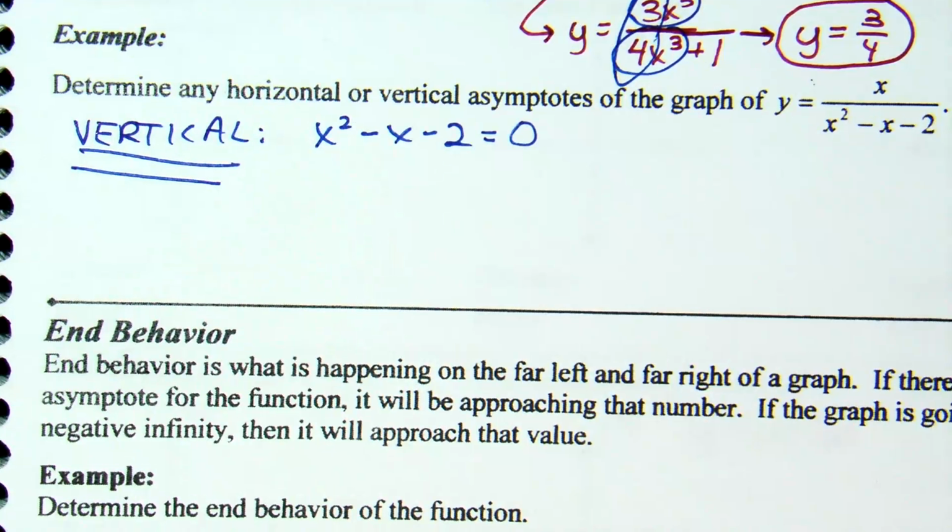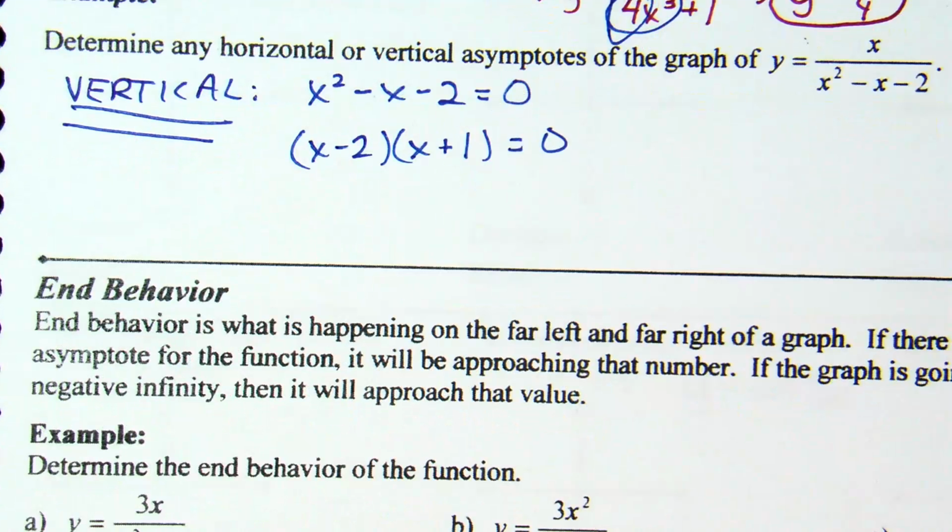So if we factor this, x squared breaks into x and x. What multiplies to equal negative 2 and adds to equal negative 1? Negative 2, positive 1. And then what do I do with those after I factor?